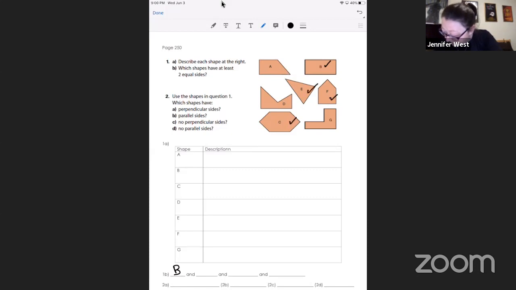And so does that. So B, C, E, and F. And yes, I'm going to assume that my triangle has equal sides. It's an isosceles triangle. Okay, shape A, description. Sorry, I'll fix that.